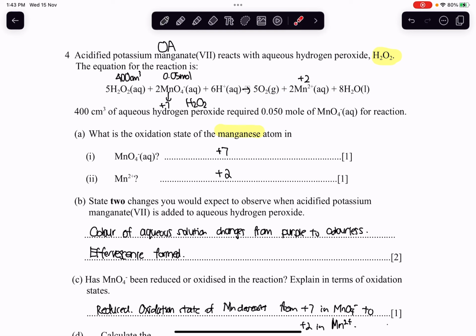If you can see that the manganese has been reduced because the oxidation state has decreased from +7 to +2, it means the other substance added must be a reducing agent, because it has reduced your potassium manganate(VII).